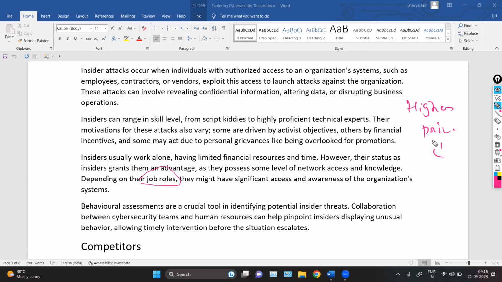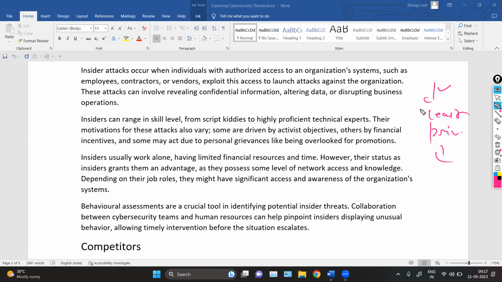So always follow the concept of least privilege. Provide least privileges to the employees of the company. For a database administrator or server administrator, that is okay, you can provide higher privileges, but provide least privileges to most employees. That is the best approach to secure the company from insiders.